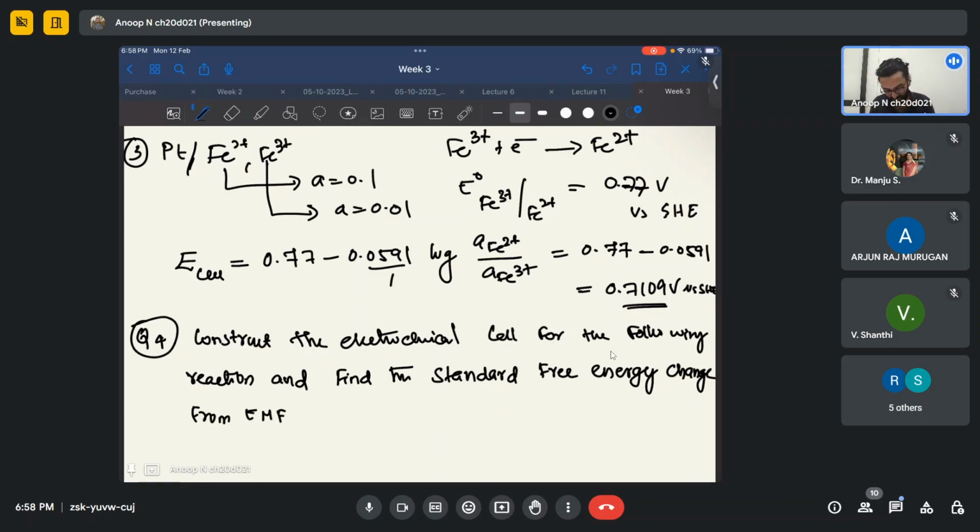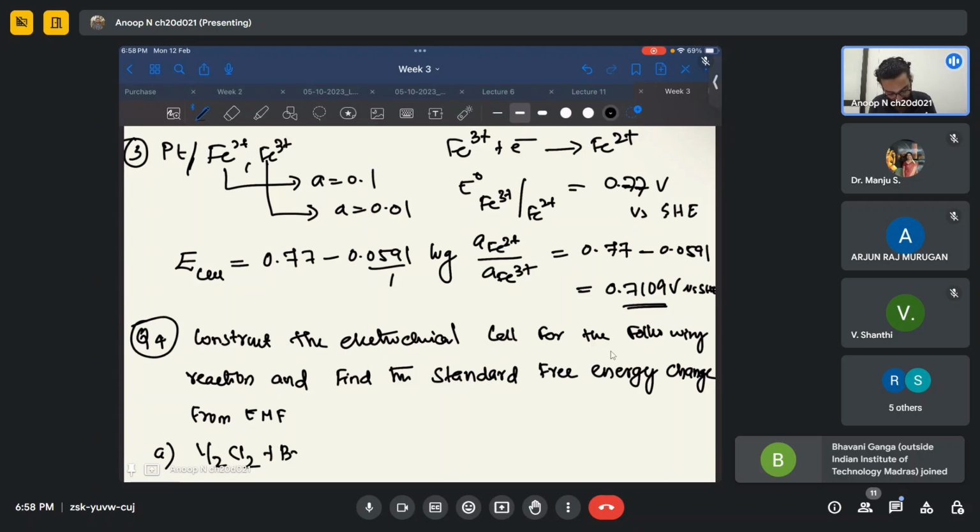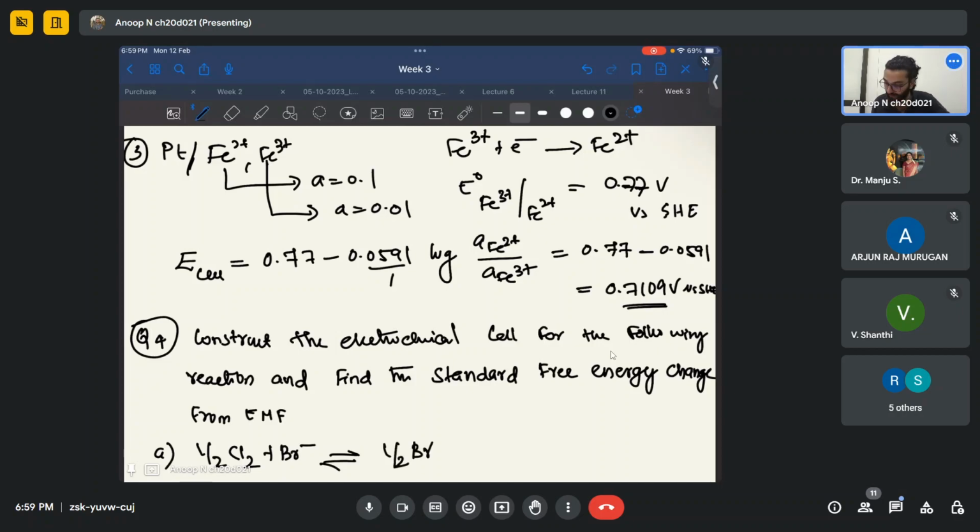So first problem, there were three problems. One was solved in the class, so I won't go into that problem. I'll just write what it was: half Cl2 plus Br minus reversibly giving half Br2 plus Cl minus. The value was calculated as delta G equal to minus 28.35 kilojoule.